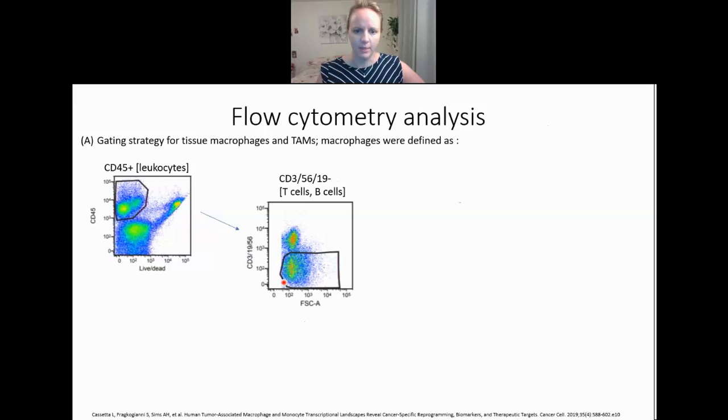So this time they didn't need a counter stain. They just wanted to look at a single stain. So CD3, CD19, CD56, this kind of combo stain will let you select out your T cells and B cells. So this population here, between 10 to the 3, 10 to the 4, is their T cells and B cells from their sample. And so we want the negative population. The forward scatter, again, here doesn't really matter. It's just a way to see you've got more than one population here.